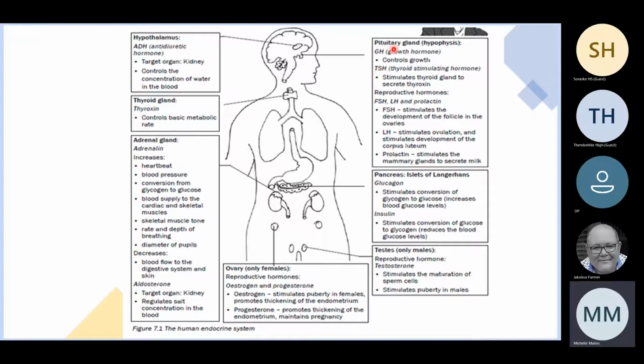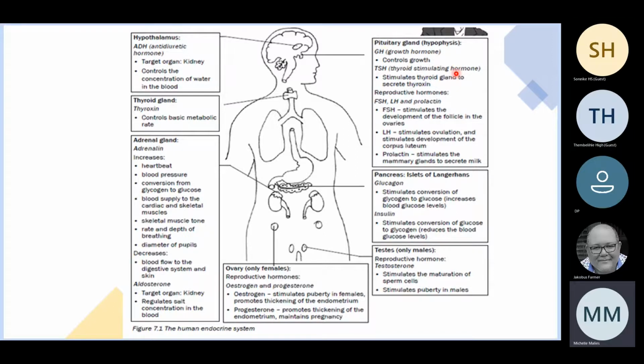Then the pituitary gland, or another word for pituitary gland, the hypophysis. Which hormone? GH, the growth hormone. It controls growth, that's its function. Which hormone? TSH, thyroid stimulating hormone.